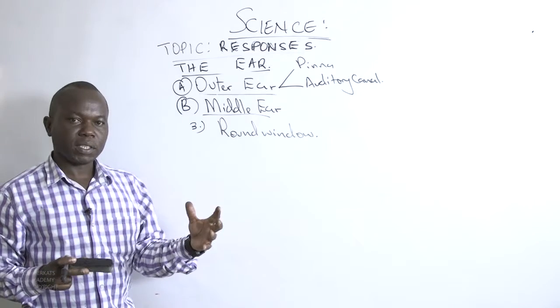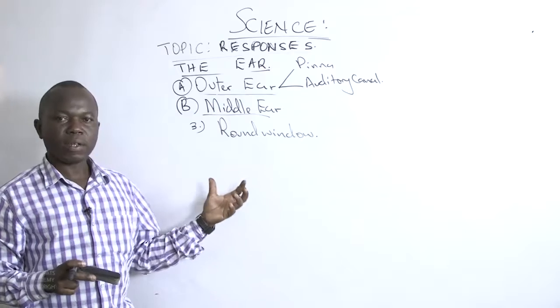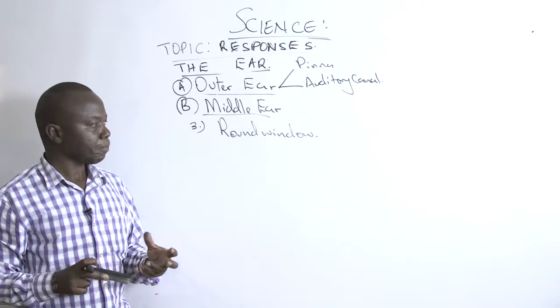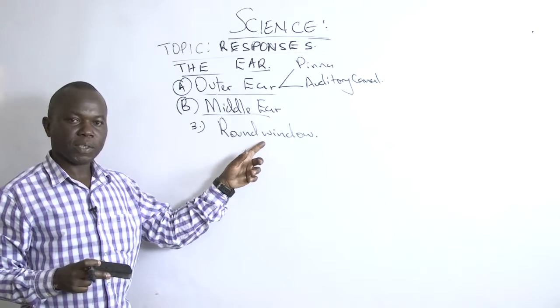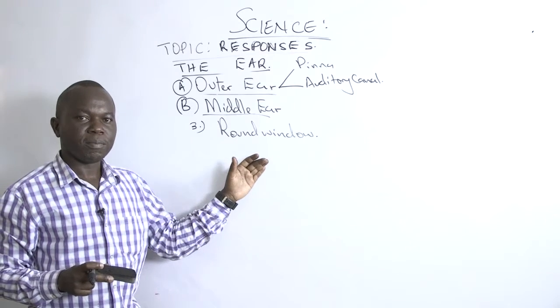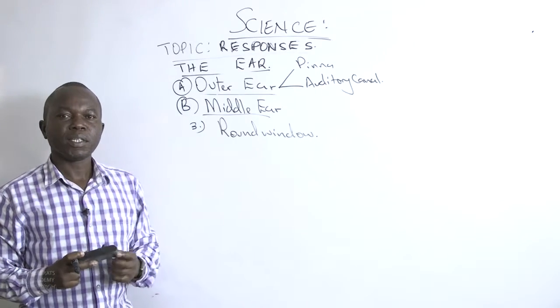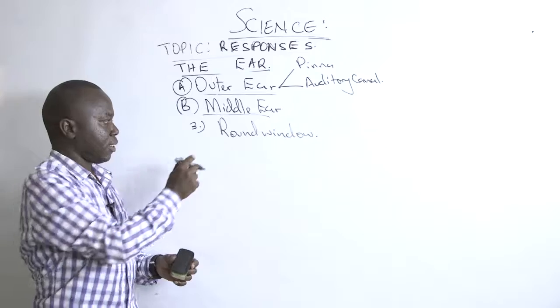Round window is connected or slightly close with the ear ossicle called the stapes. So the role of round window is simply to pick sound vibrations from the ear ossicle, the stapes, and then transmit it into the inner ear.